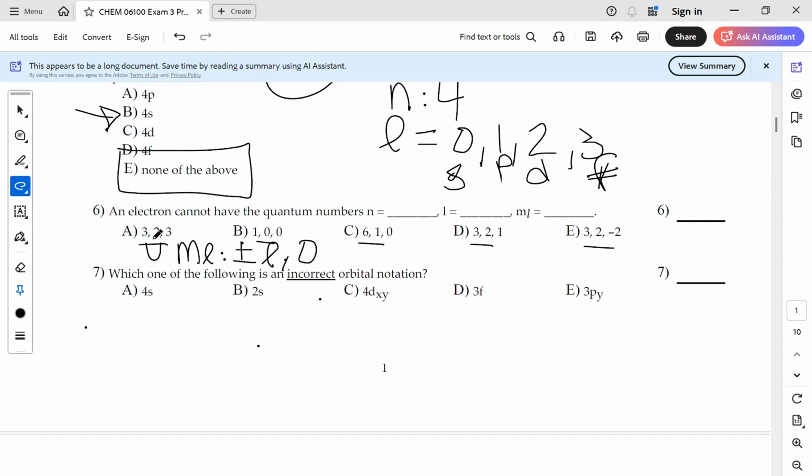So in that scenario, we can see that A here, we cannot have a positive or -3 because my L is only 2. So I'm limited to -2, -1, 0, +1, +2. So for 6, we would pick answer choice A because the M sub L violates the rules.